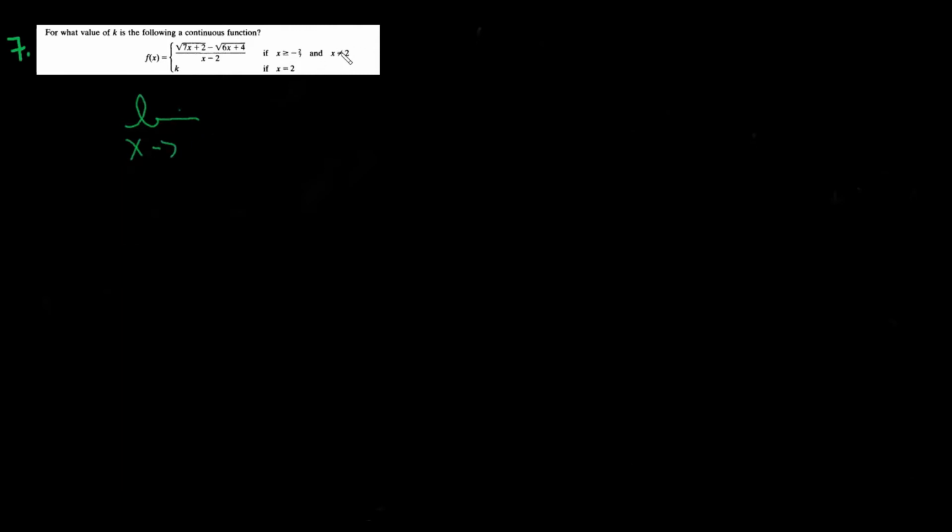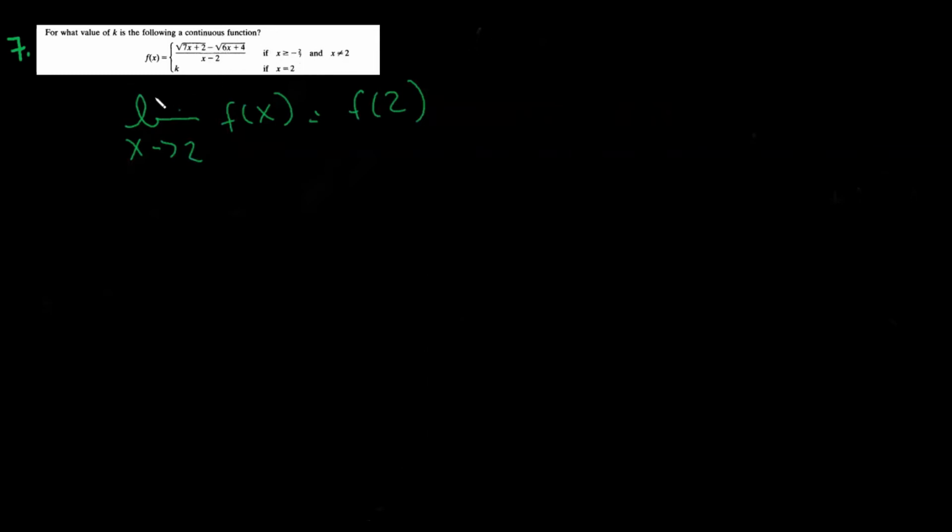So 2 is the value we're going to be analyzing, of f of x must equal f of 2. For f of 2, the function we're going to be using is this k here, and the limit as x approaches 2 would obviously have to be this one, because we can never let it equal 2, but we can approach it.